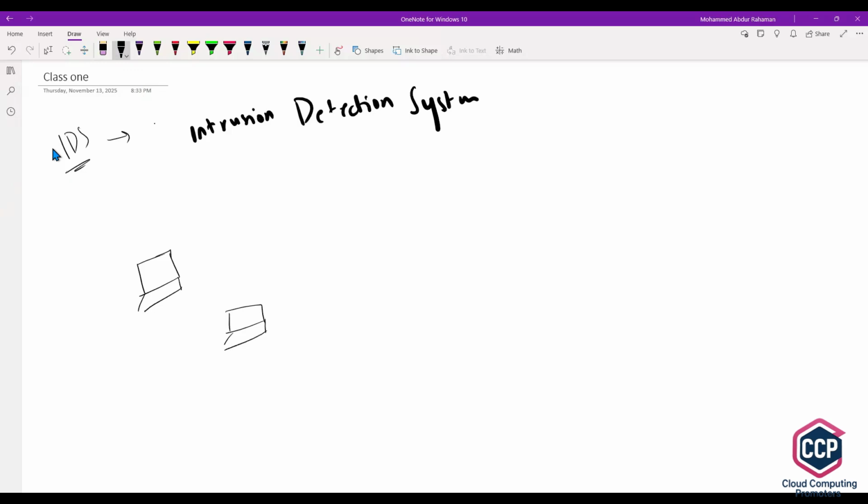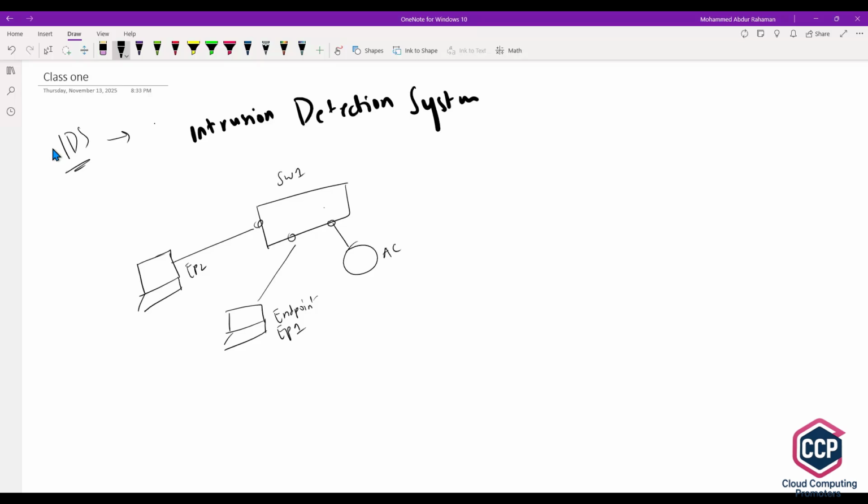Then it will be connected to a switch. There will be certain ports in a switch it will be connected to, and this port is connected to an access point. We'll call these endpoints, EP1 and EP2. This is your switch, SW1.